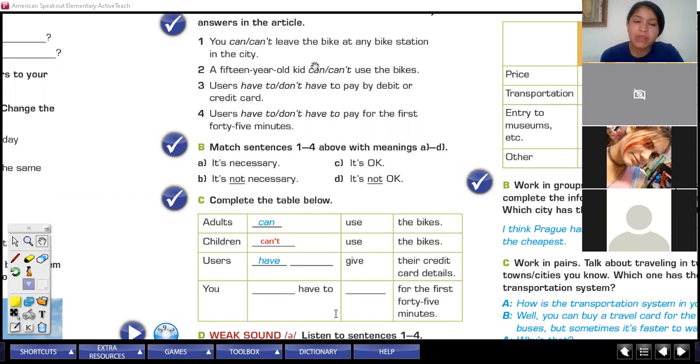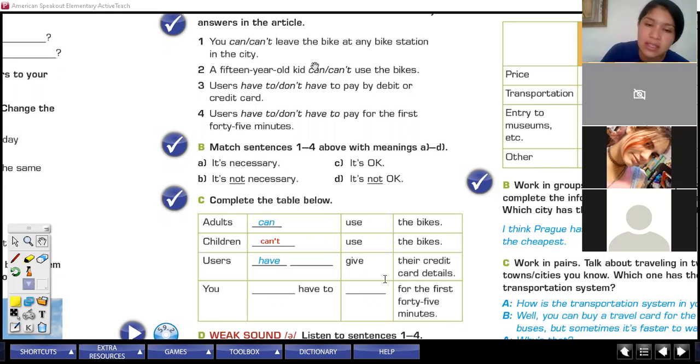Okay, next one. Users have what? Users don't... No. Users, you don't have to. You don't have to pay? No, but we're in the first one.